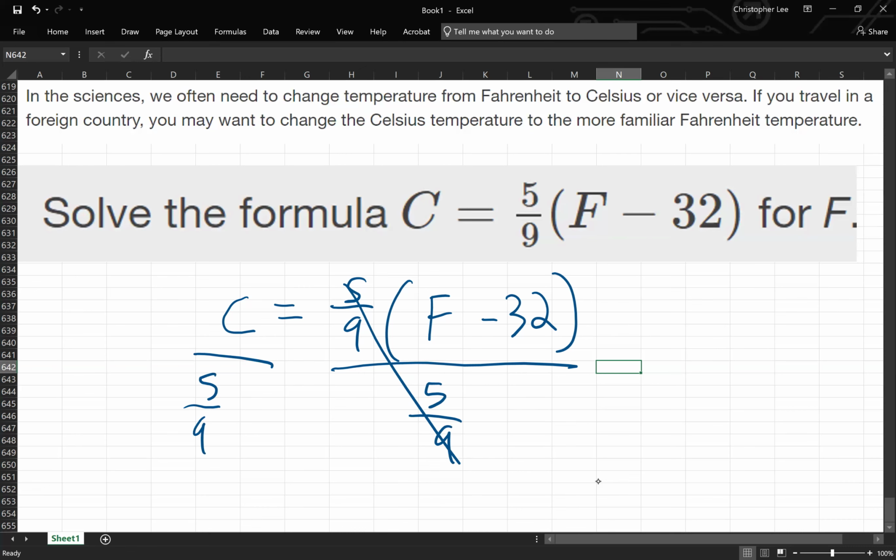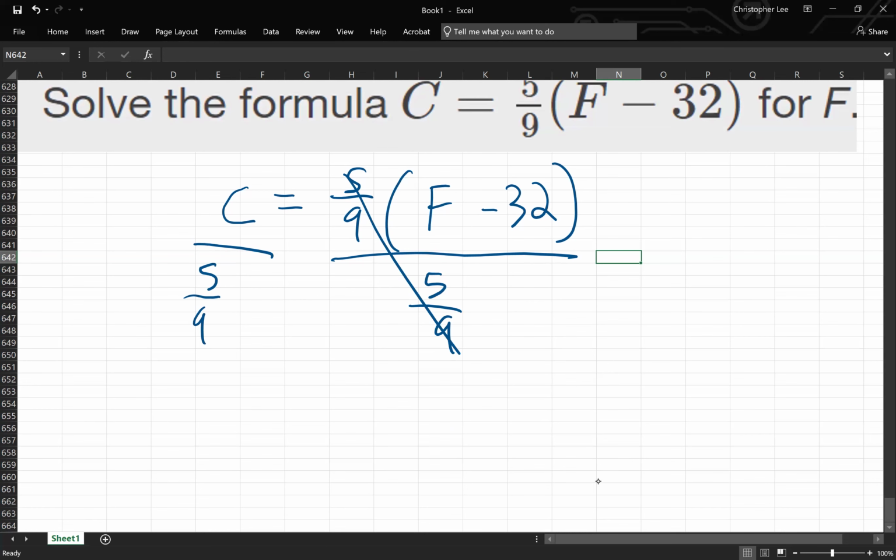Right? So now, remember that C on top is like C over 1. You want to change the division to multiplication, flip the denominator. There. What should I do after this?